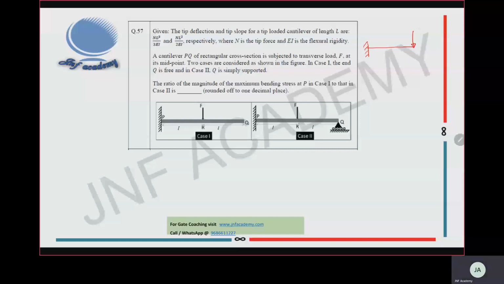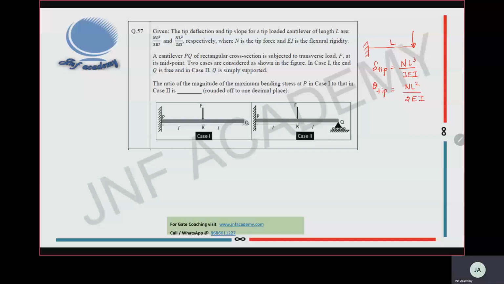We have a cantilever beam whose length is L. For this condition, they gave tip deflection N L cube by 3EI and theta at the tip slope NL square by 2 times of EI. Okay. So EI is the flexural rigidity.